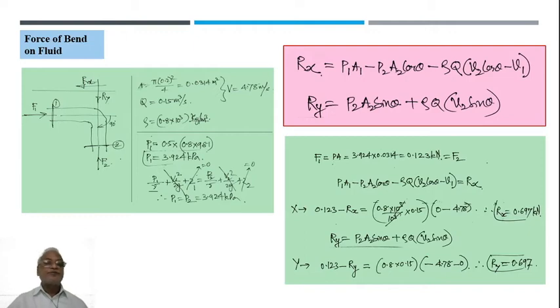Let's see how. For this you need forces. So F1, or this force, which is P1A1, PA, if I calculate, pressure is 3.924 and cross sectional area is 0.0314. With that it becomes 0.123 kilonewton.